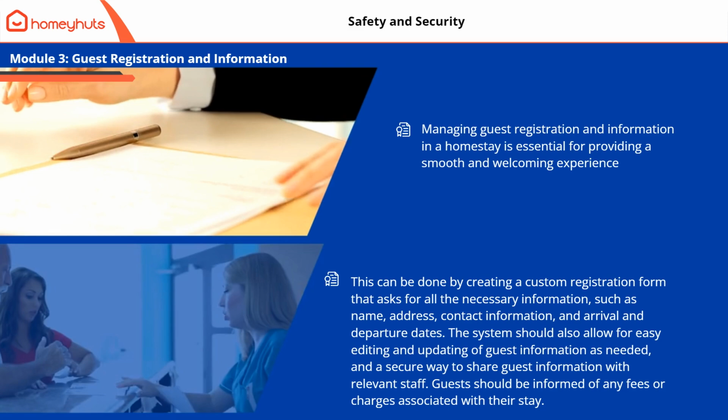The system should also allow for easy editing and updating of guest information as needed, and a secure way to share guest information with relevant staff. Guests should be informed of any fees or charges associated with their stay.